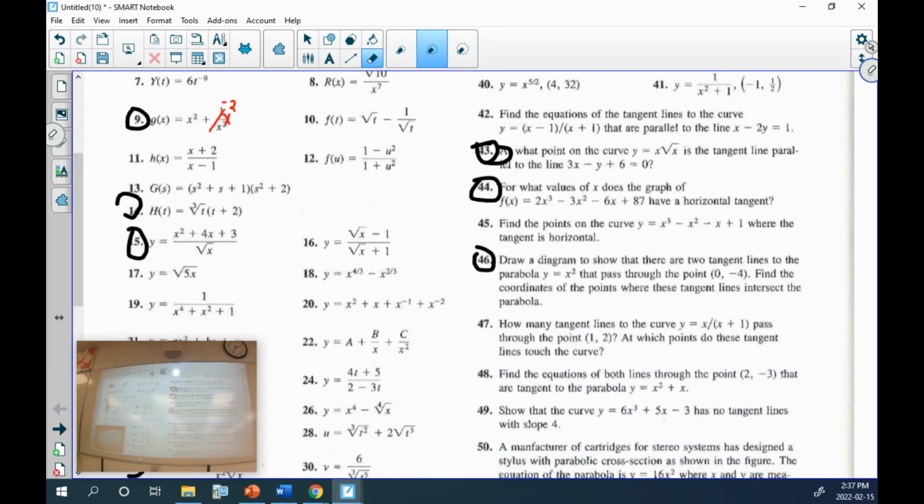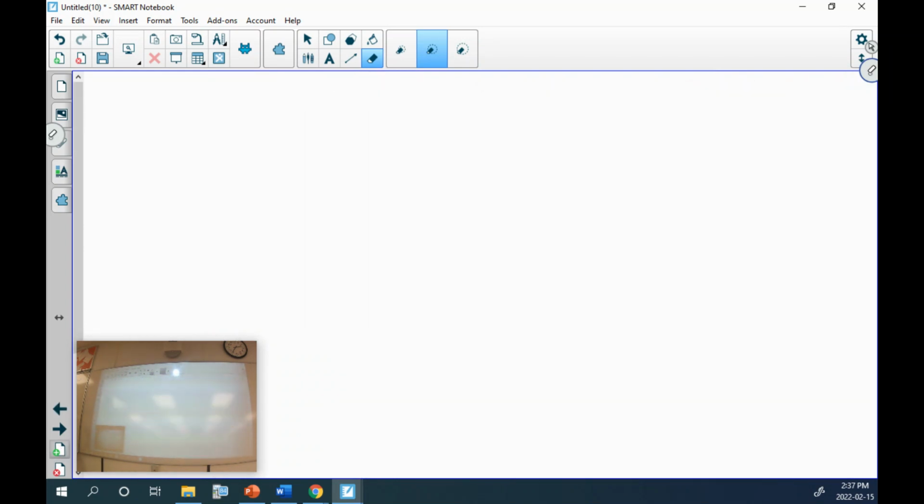Okay. Question 43. At what point on the curve y equals x square root x is a tangent line parallel to the line 3x minus y plus 6? So we have y equal to, and I'm going to write this as x to the power of 3 halves.